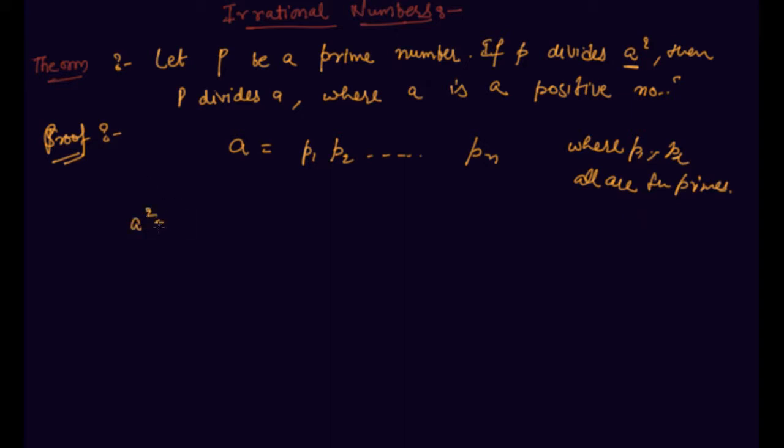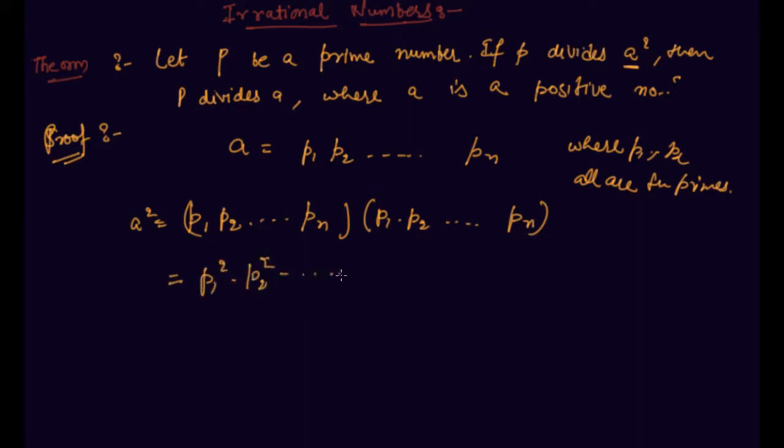Therefore, I can write A squared as P1, P2 up to Pn times P1, P2 up to Pn. I can write this as P1 squared, P2 squared, meaning the square of all the prime factors. These factors can be the same, but they are always prime, meaning it can be 2 into 2 into 2, n times, or it can be 2 into 3 into 5, something like this. These factors can be distinct or the same, but all should be prime.